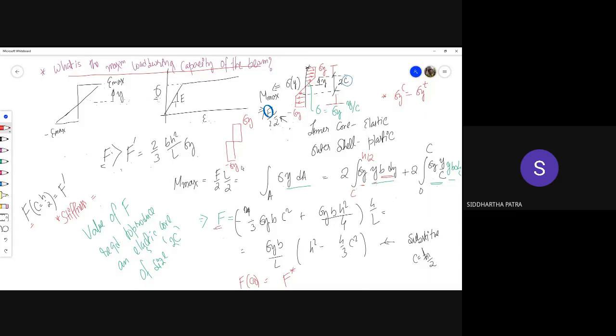So the stiffness of the beam has just become zero. If you produce more bending, it cannot produce more resistance. Or in other words, it doesn't need any further increase in force to have any arbitrary amount of deflection. The stiffness has just become zero because it has reached its maximum load bearing capacity.